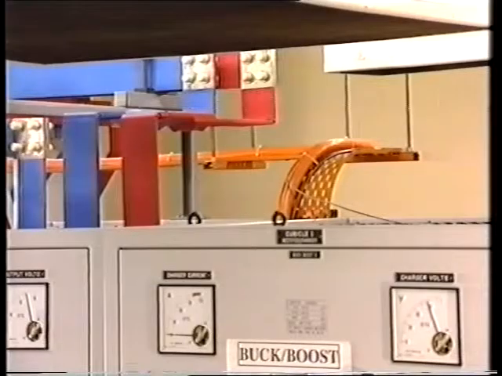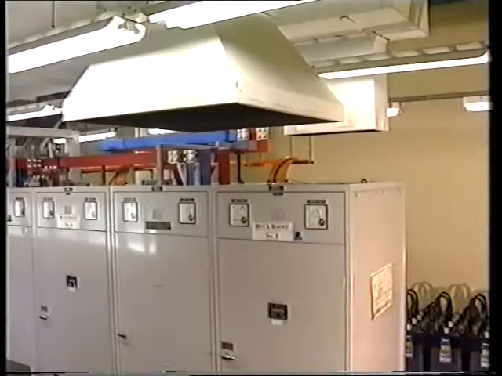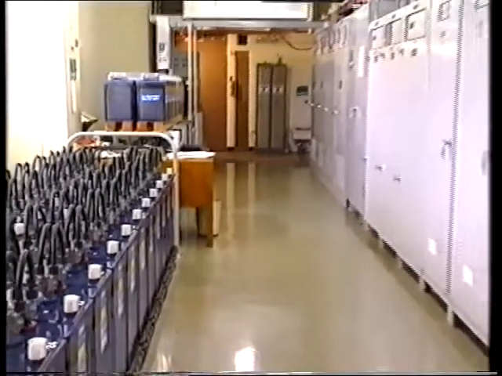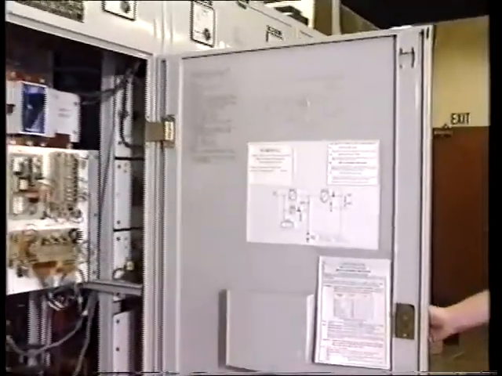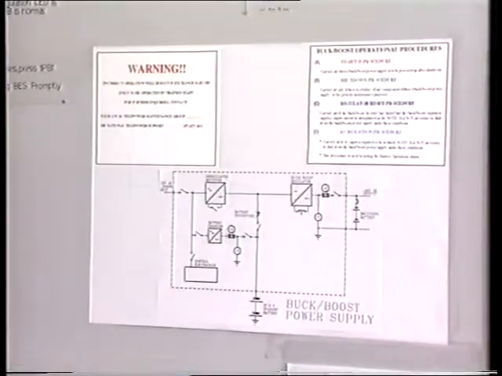The input of each unit is supplied with a 415-volt three-phase supply. The regulated 48-volt nominal output is connected to a common load bus bar. What makes a buck-boost power supply different? Let's look at a simple line diagram of one unit. This diagram can normally be found on the inside door of each cubicle.